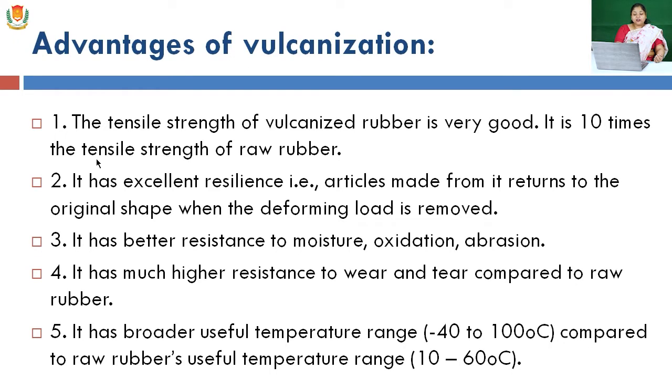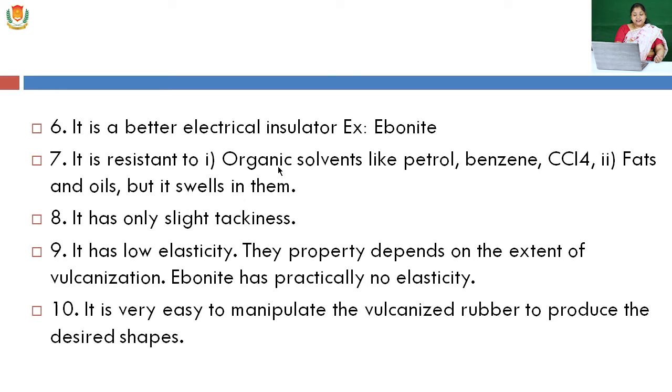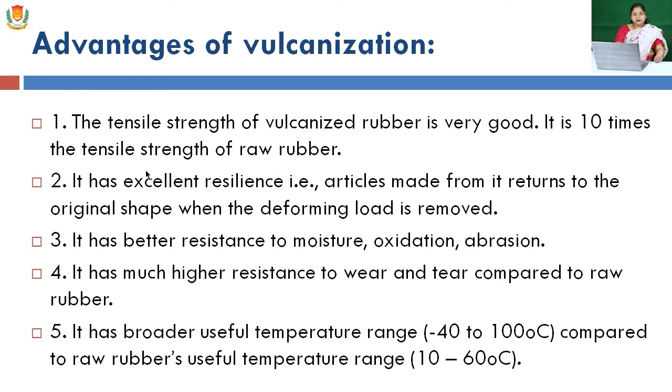The advantages of vulcanization: the tensile strength of vulcanized rubber increases, and it is 10 times more than raw rubber. It has excellent resistance. The article made from it returns to the original shape when the deforming load is removed.